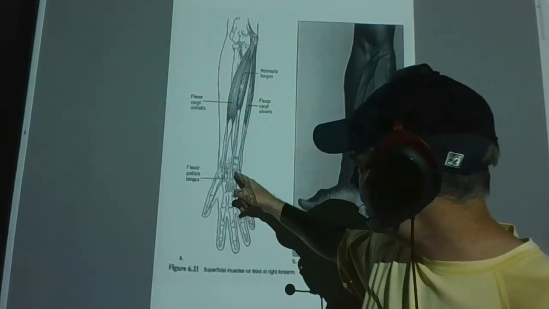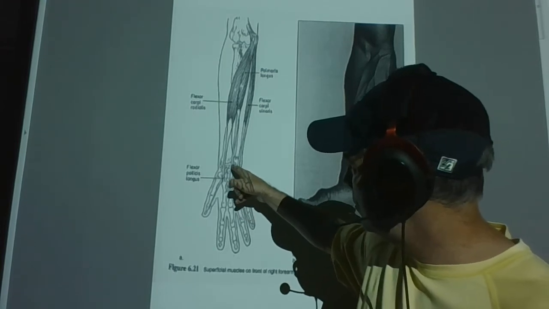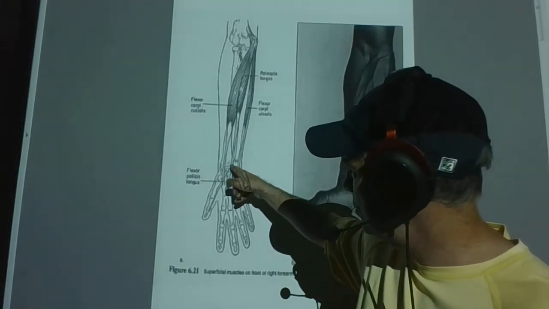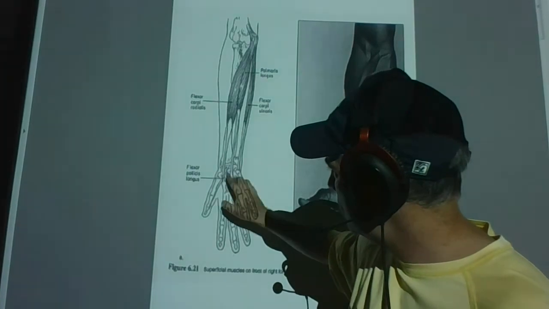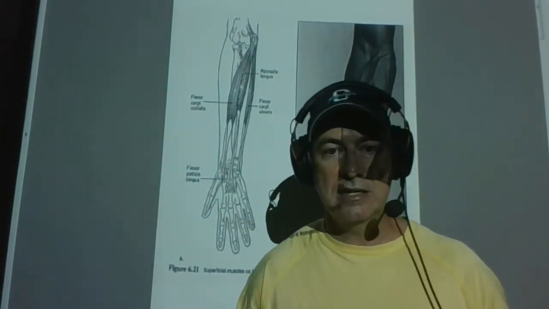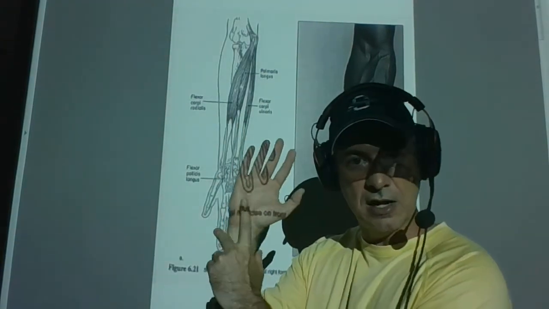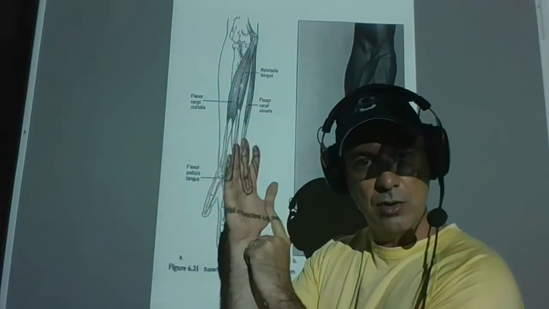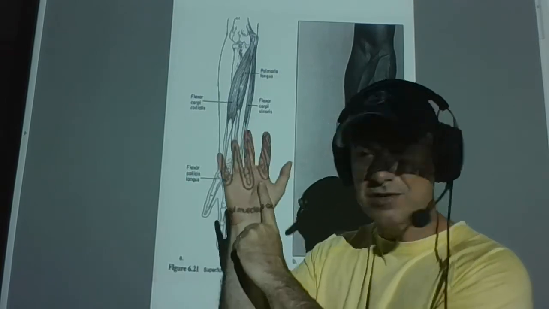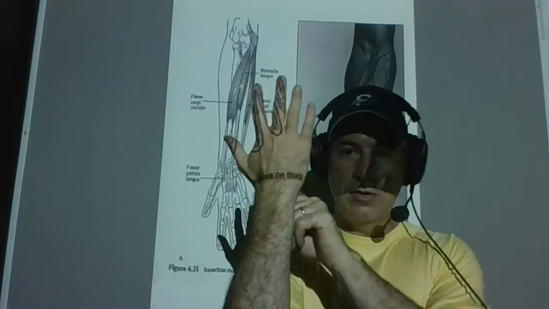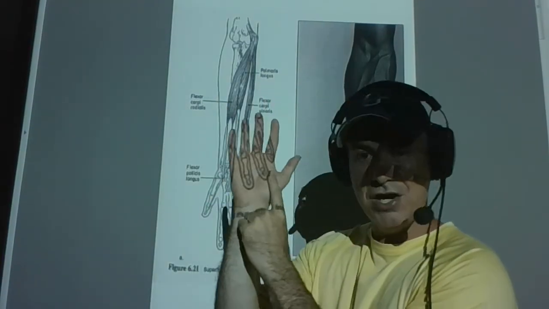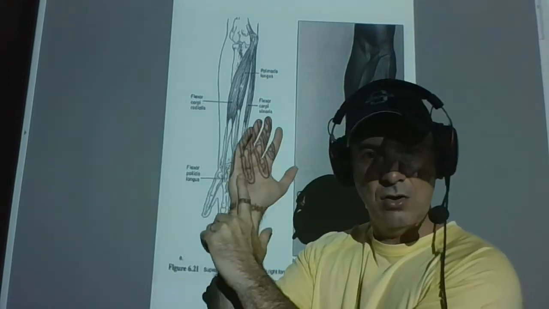Now, the axis for radial and ulnar deviation is literally right here. So the palmaris longus, the way it sits, it's sitting on the fence. It is neither ulnar side nor radial side. It's neither lateral or medial.